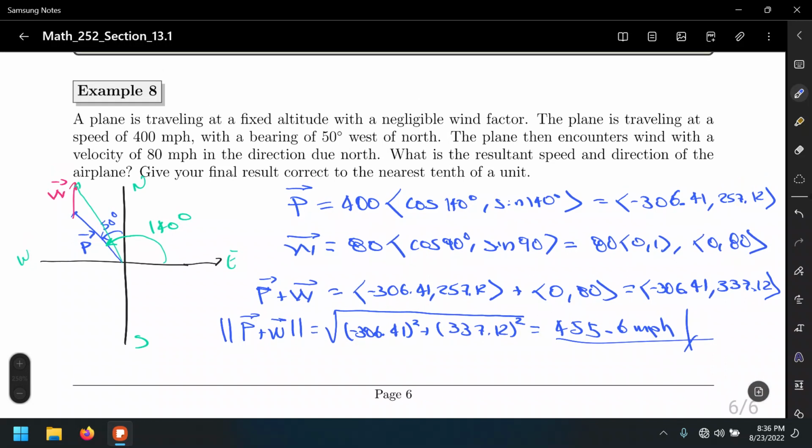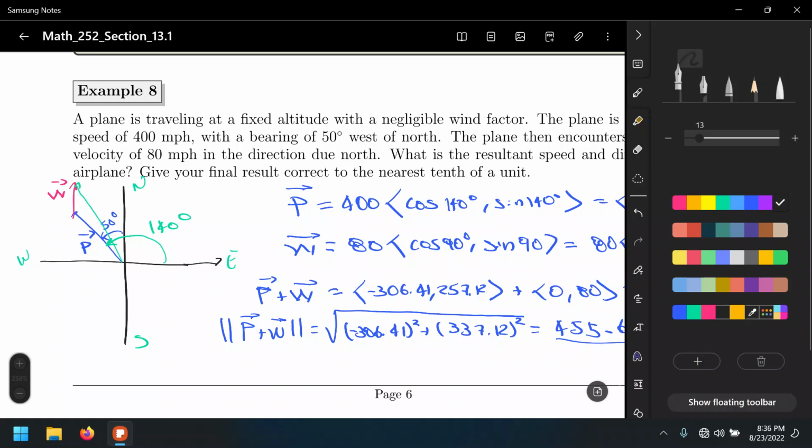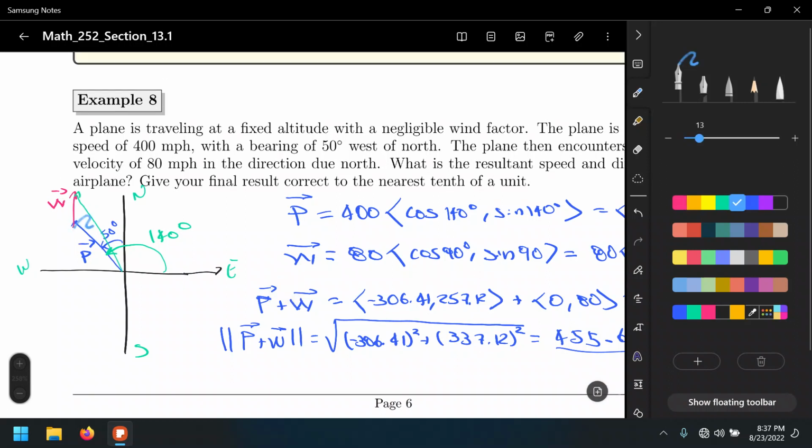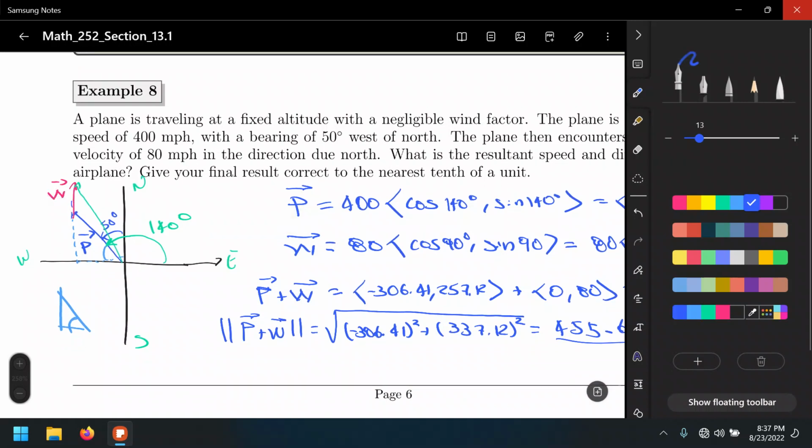Okay, so for the direction, there's a couple of ways to interpret this situation. Let me first draw the triangle here. It could be north of the west. That will be this angle alpha, like the reference angle.